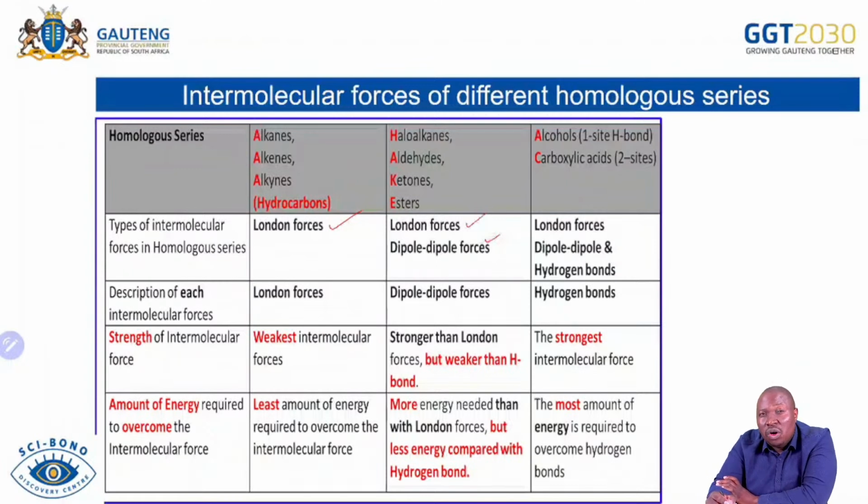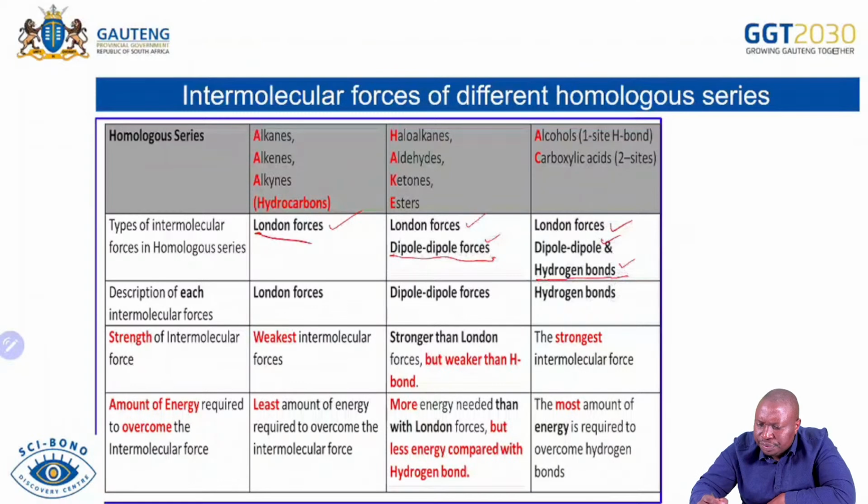Now, when it comes to alcohols and carboxylic acids, you must look at them very well. They have London forces, dipole-dipole, as well as hydrogen bonds. But here we will focus on the hydrogen bonds for these two, on dipole-dipole for the other four, and on London forces for hydrocarbons. Now you can see alcohols, because they have only one O, have one site of hydrogen bond.